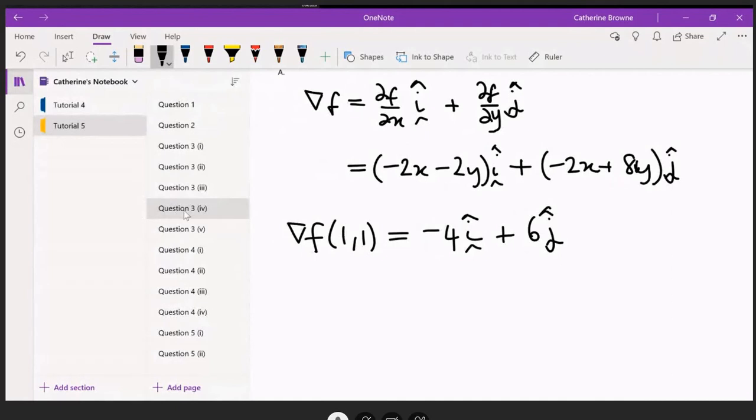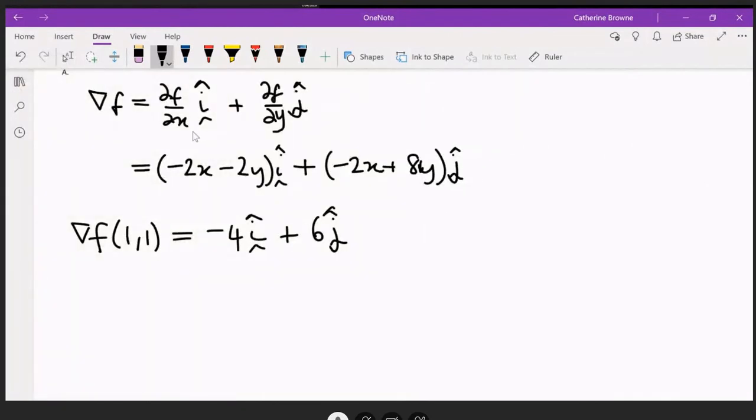I think that's right. So if we think about that compared to our approximation, our approximation, if you recall, was minus 5i plus 8j.